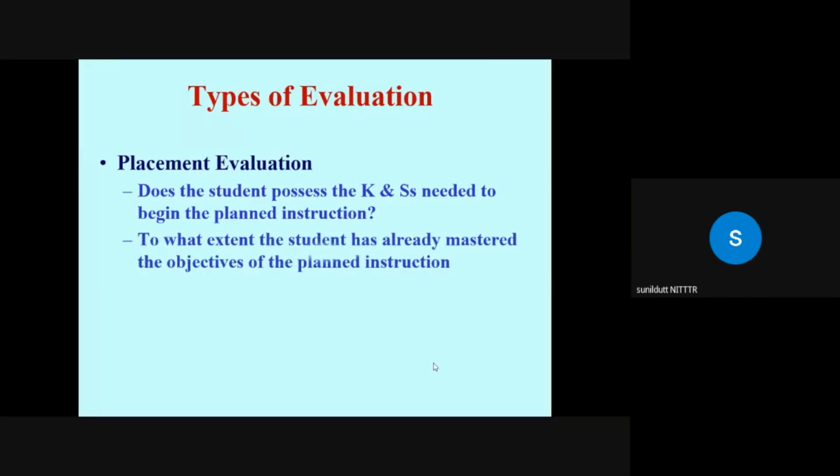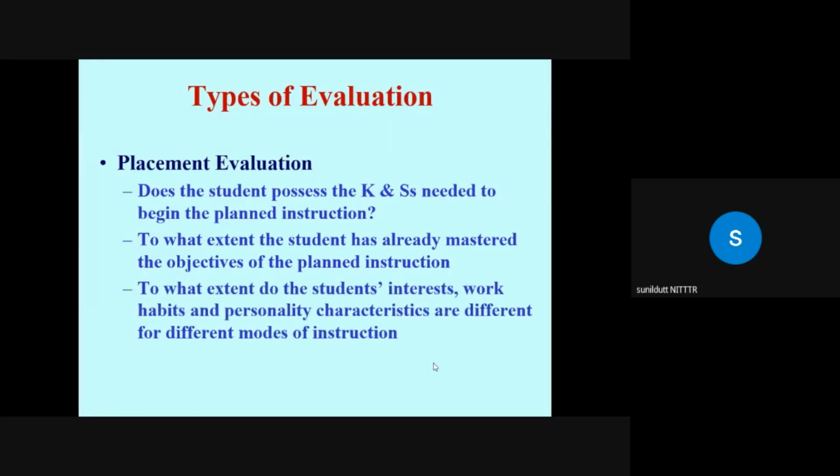So to what extent has the student already mastered the objectives of the planned instruction? To what extent do the students' interest, work habits, and personality characteristics differ for different methods of instruction? It means, as a teacher, I need to know their learning styles.